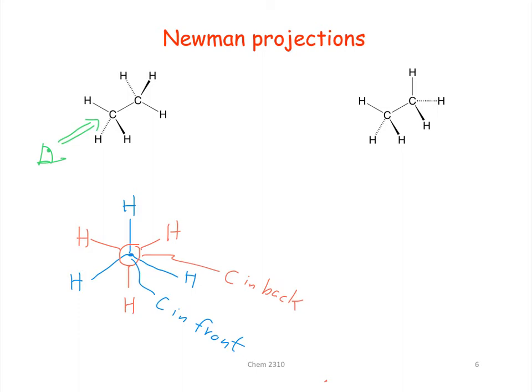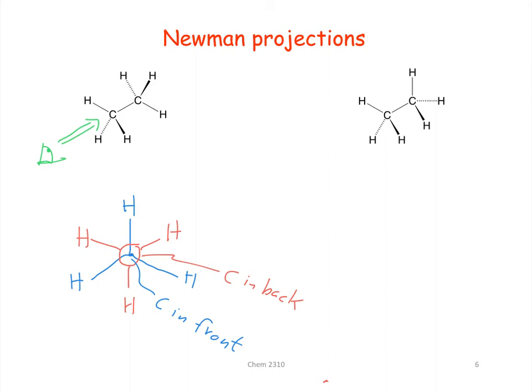Okay, so one thing that we have to be very careful of when we draw these structures is showing that three of these bonds are all going just to the circle, and the other three are going all the way to the dot in the middle. You have to designate where they're going.